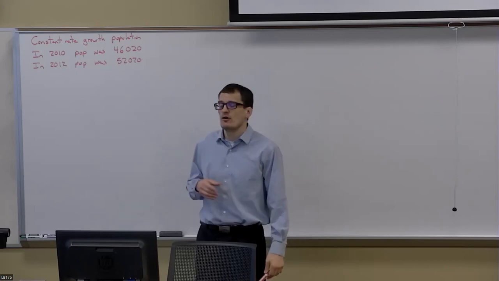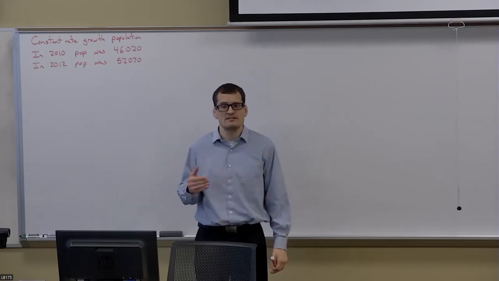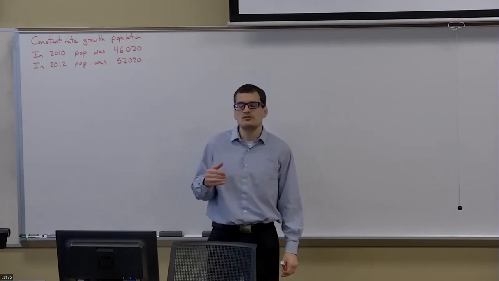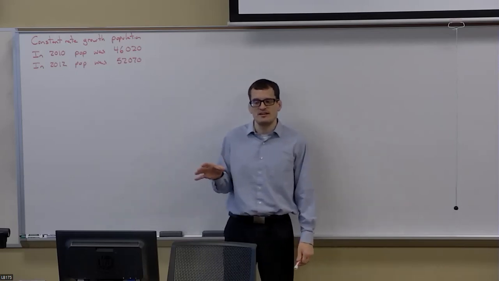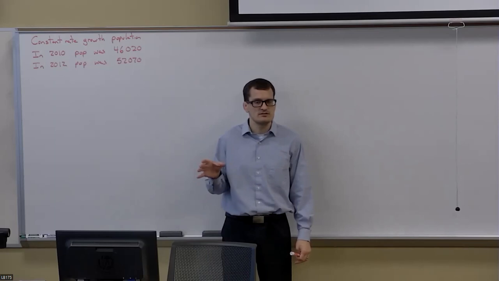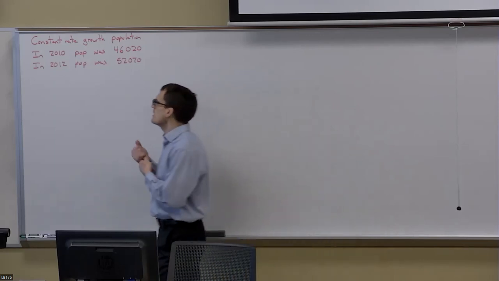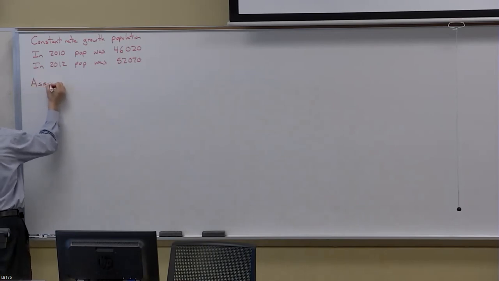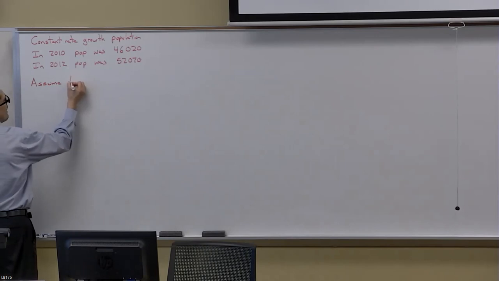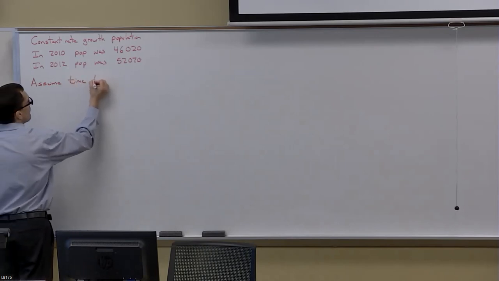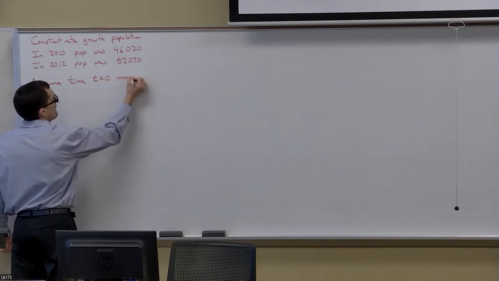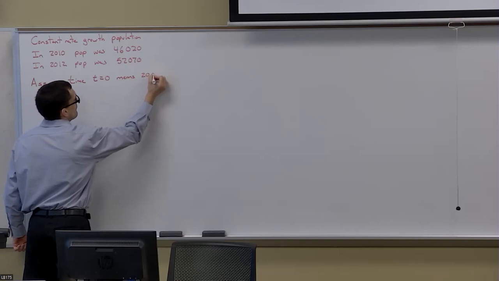And other times we'll let our time start at a certain year. Okay. When you go onto Moodle, it'll explicitly state which year to start at. So let's assume a time, we'll call it time t equals 0, means the year 2000.